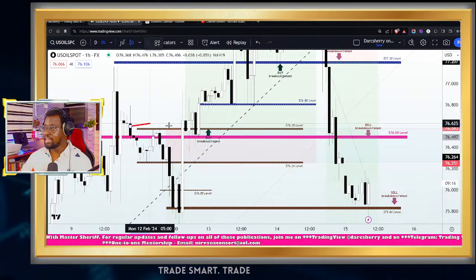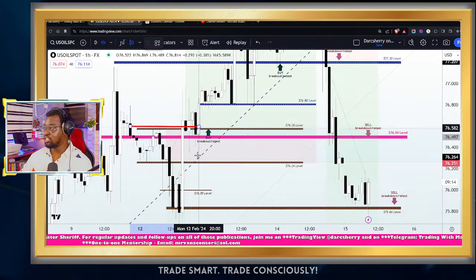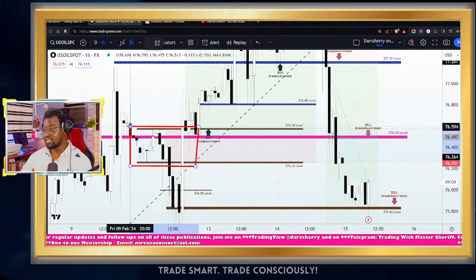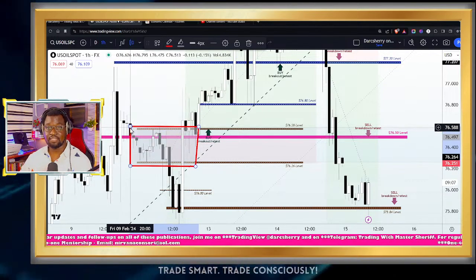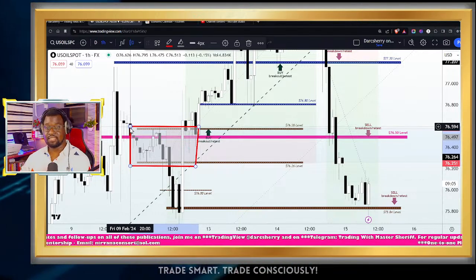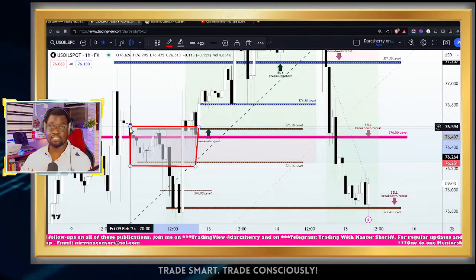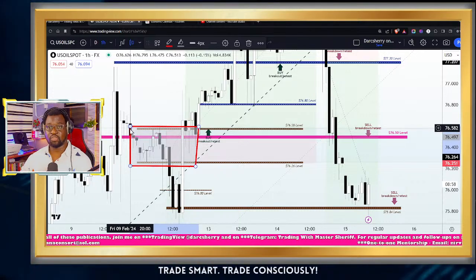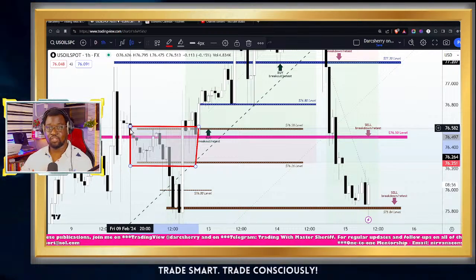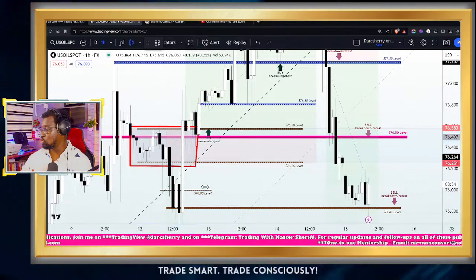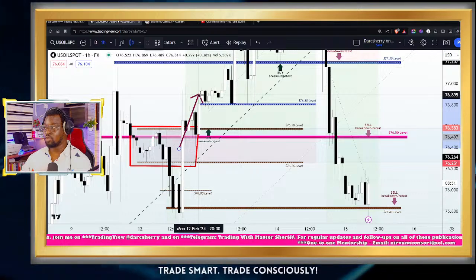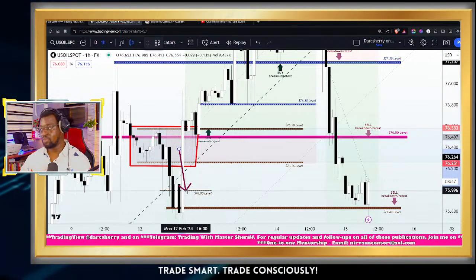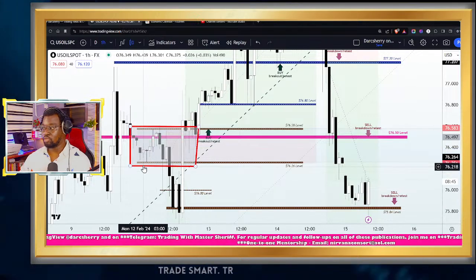So at the beginning of the week, price was ranging between the $76.58 level and the $76.26 area to emphasize the prevailing uncertainty in the market at that particular point in time. And usually whenever we identify such structure in our chart, we exercise patience and wait for price action to either break out of the resistance line to give us an opportunity to buy, or break down the support line to give us an opportunity to sell.